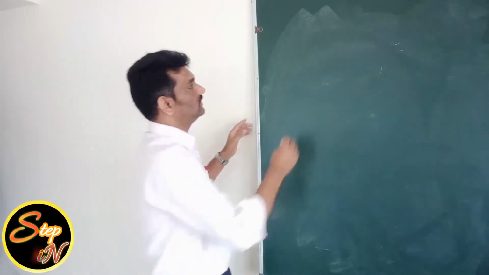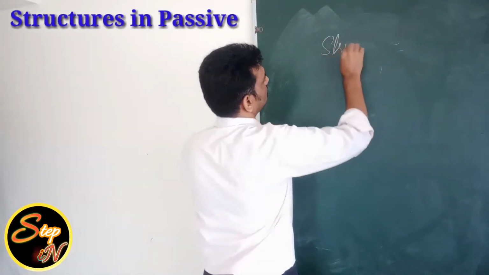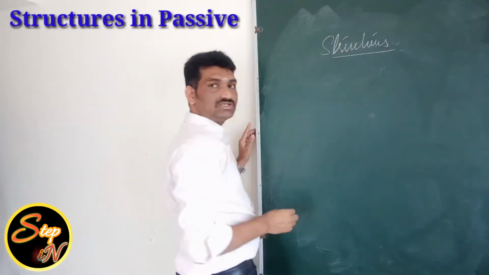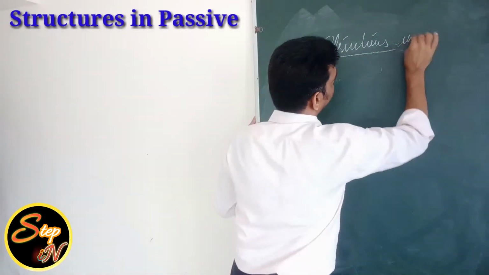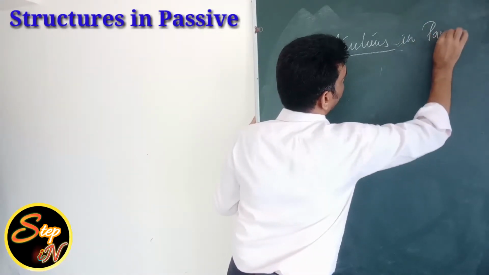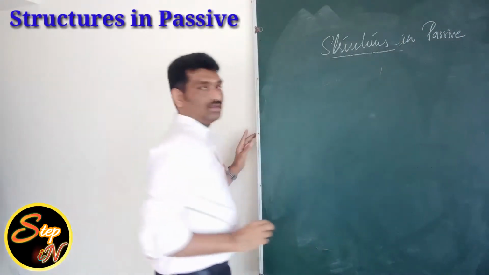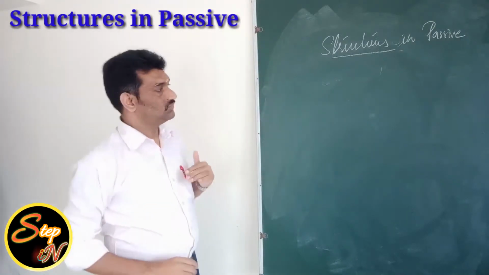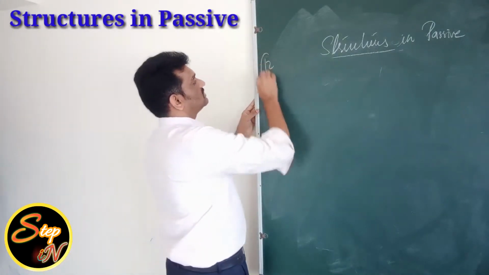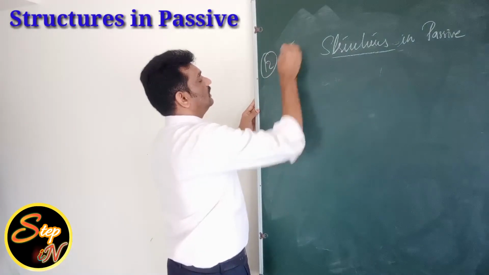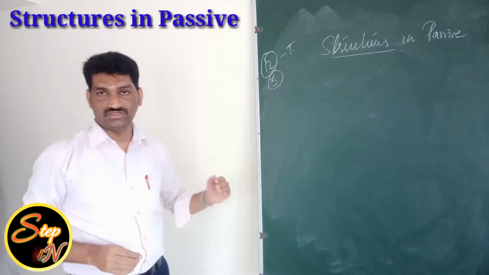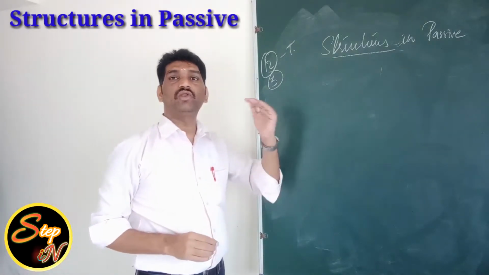So now we can learn the main part, that is structures in passive. Whatever we learn, let it be in a systematic way. So we have totally 12 tenses. In that we have mainly 3, present, past and future, 3 tenses with 4 aspects.